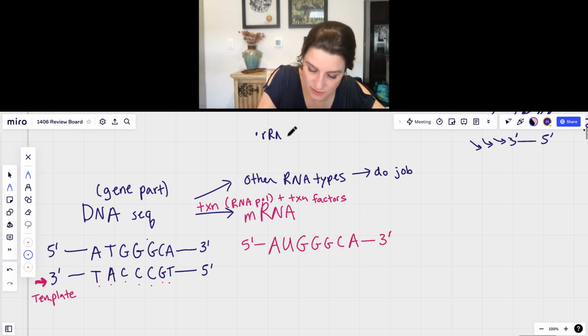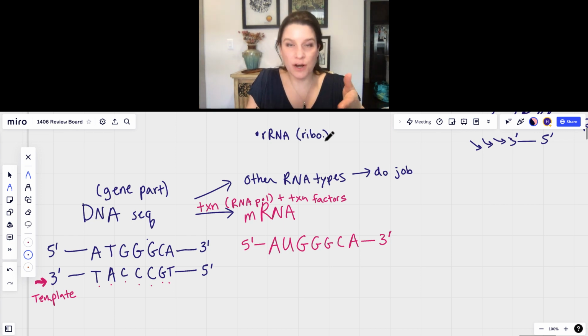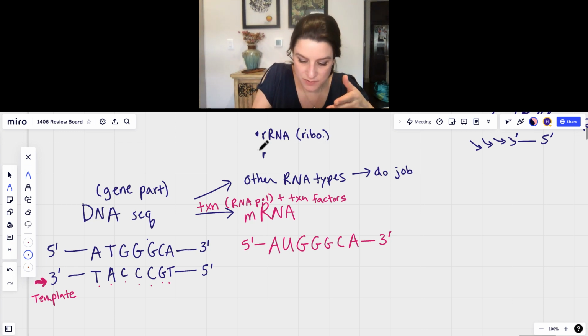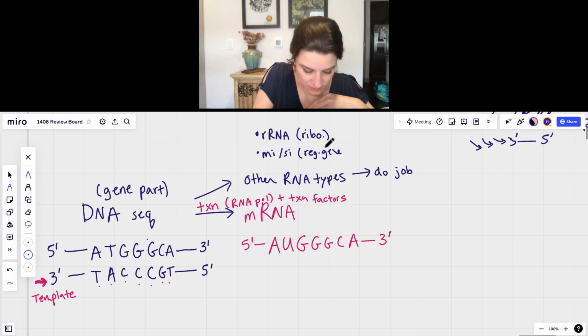Let's add to these RNAs just because I want you to make sure you know this. So our RNA is going to act in the ribosome. I mentioned this already.